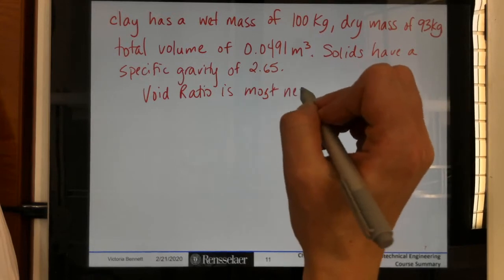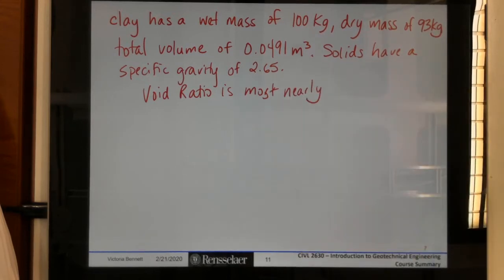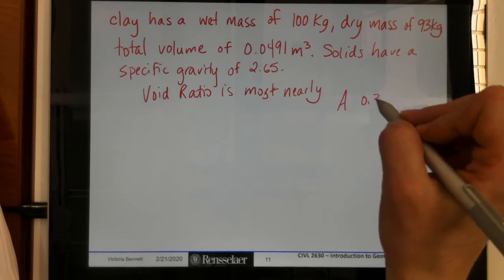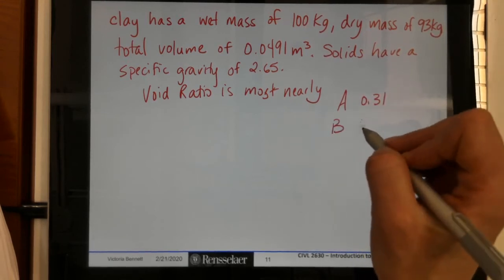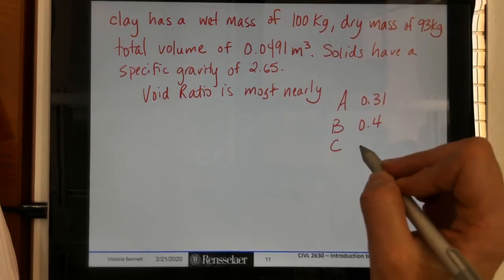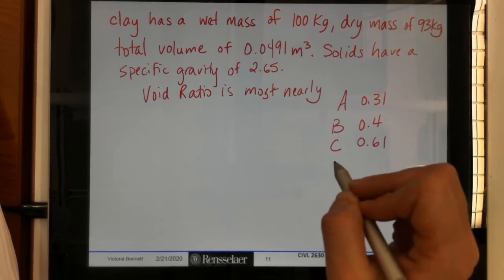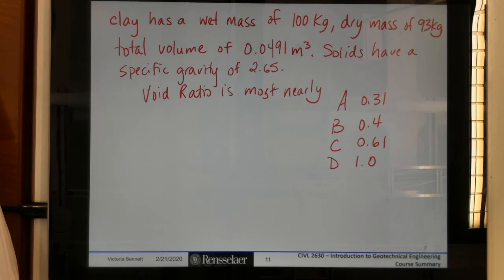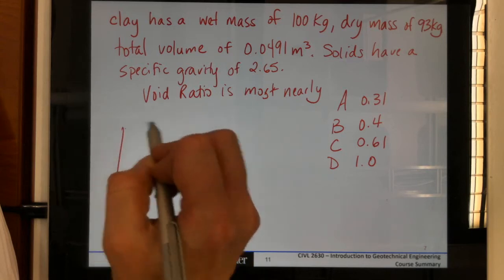So this is the way they seem to form these questions. Something is most nearly blah, blah, blah. So then our choices could be... This is the classic phase diagram type problem.